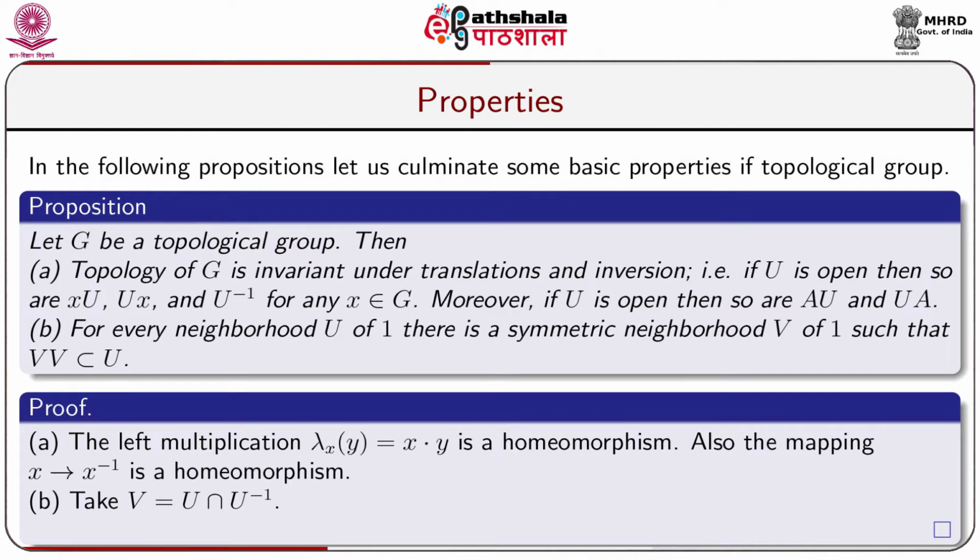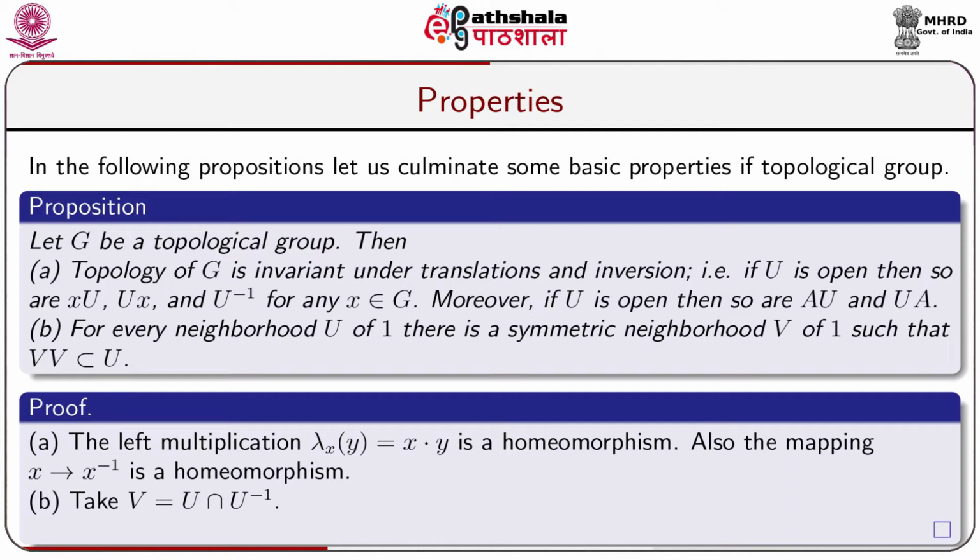That means we don't require to know the local behavior at every point of the topological group, which is not true in the case of general topological spaces. This holds because topological groups are homogeneous. Homogeneity comes from the left operation and the inverse operation.